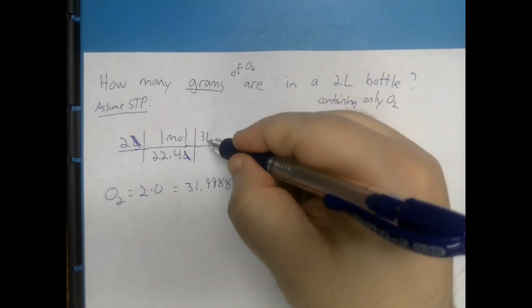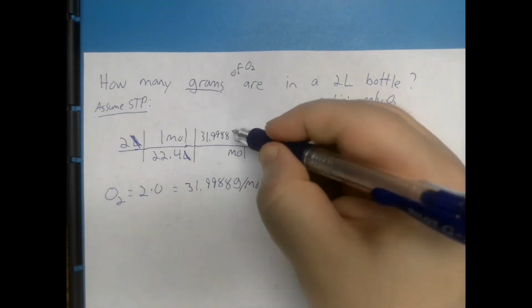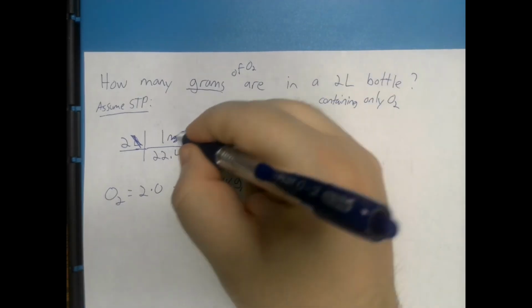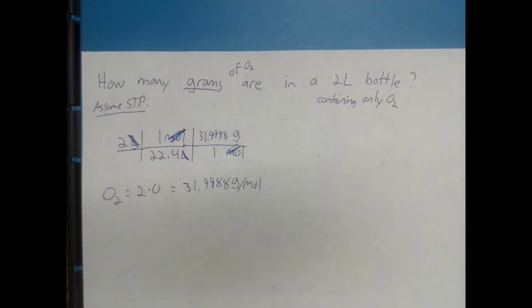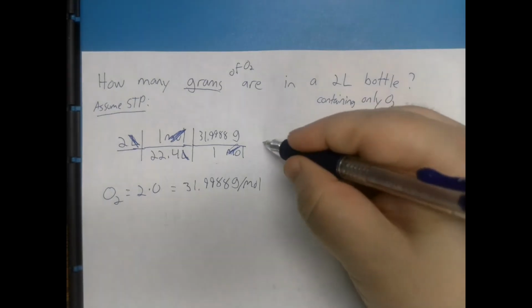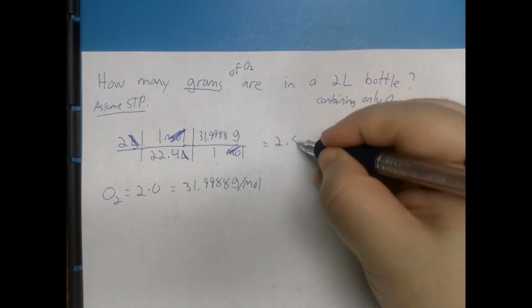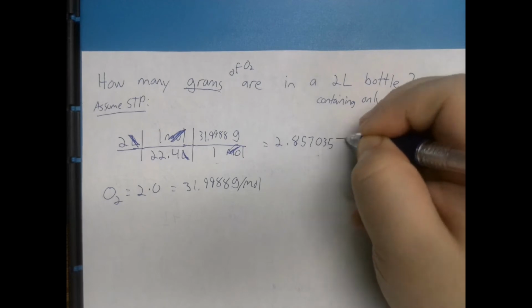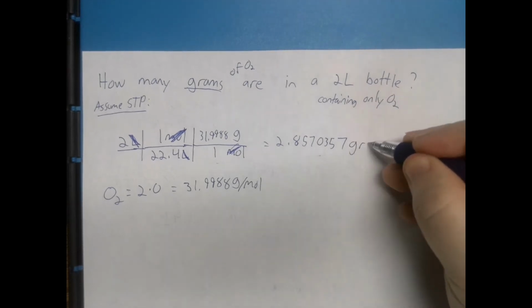So it'd be 31.9988 grams for whatever 1 mole. Moles cancel out, we're now in grams. So 2.857037 grams.